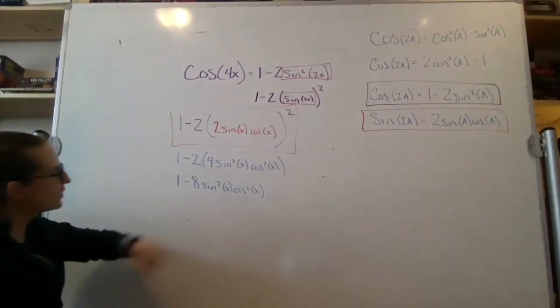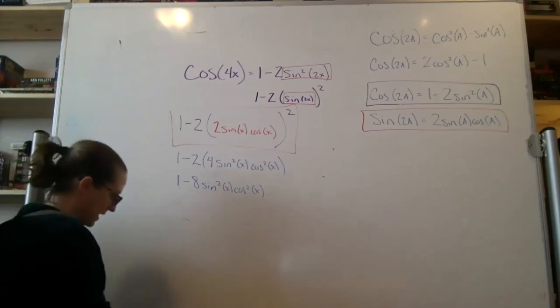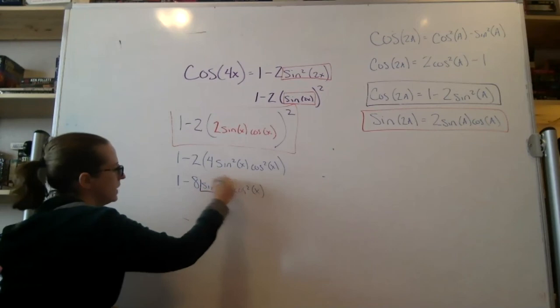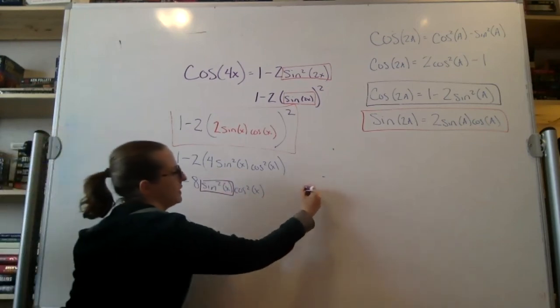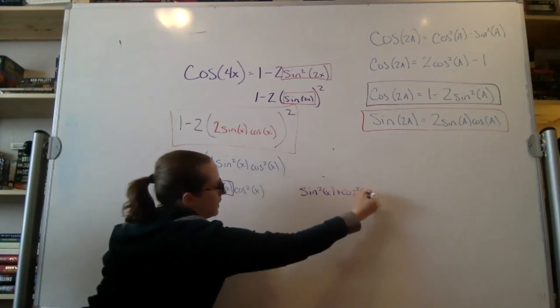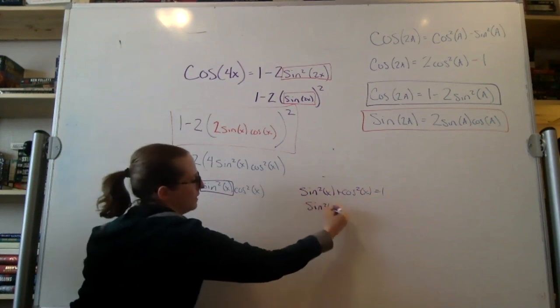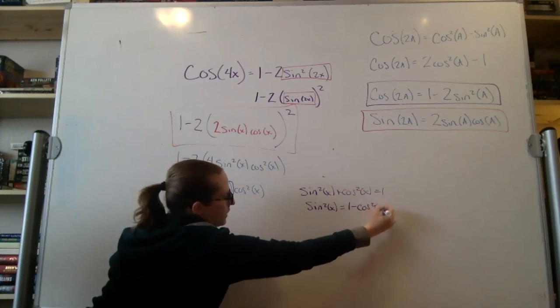So what I want to do from here is rewrite this sine squared using our Pythagorean identity. Our Pythagorean identity says sine squared plus cosine squared equals 1, which means sine squared equals 1 minus cosine squared.